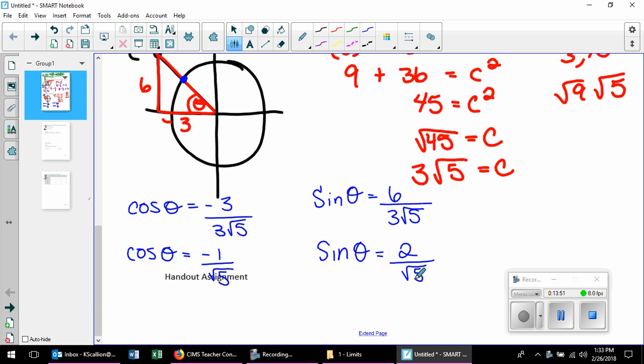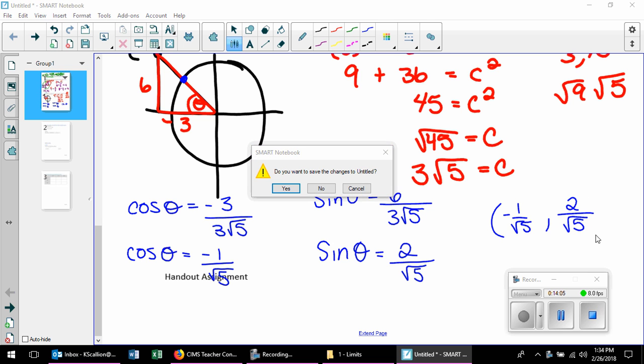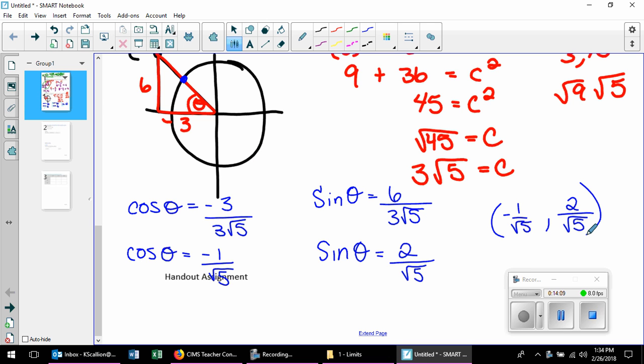So, I guess we should list it as a coordinate pair because I need to see that you understand which one comes first. So the coordinate pair would be (-1 over root 5, 2 over root 5). So you need to list it as a coordinate pair because that's what the question asked for.